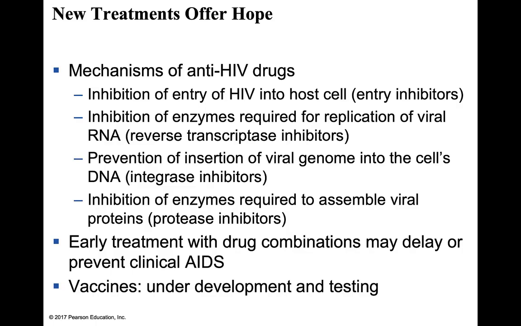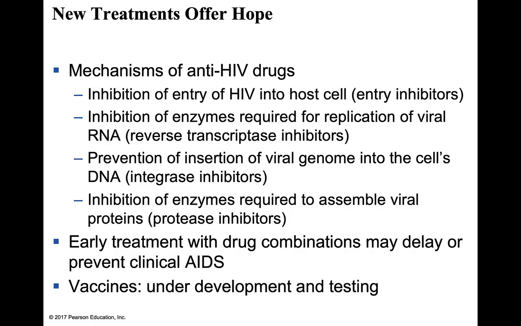Some of them work by inhibiting the entry of HIV into the host cell, or inhibiting enzymes necessary for the replication of viral RNA. These are known as reverse transcriptase inhibitors. Preventing insertion of the viral genome into the cell's DNA involves integrase inhibitors.